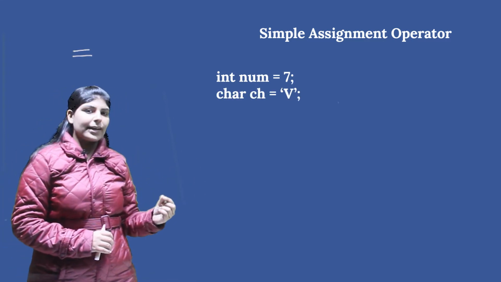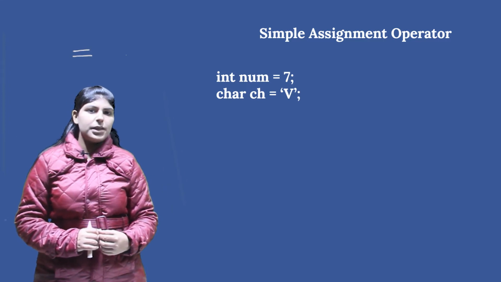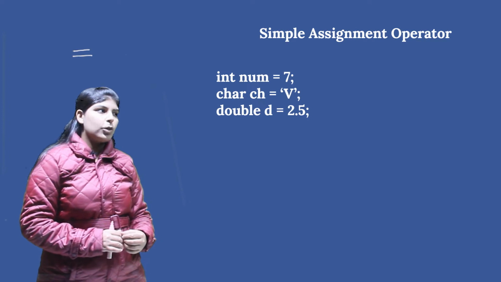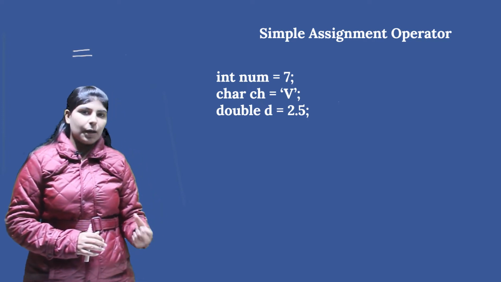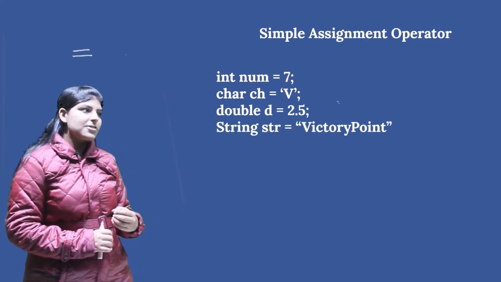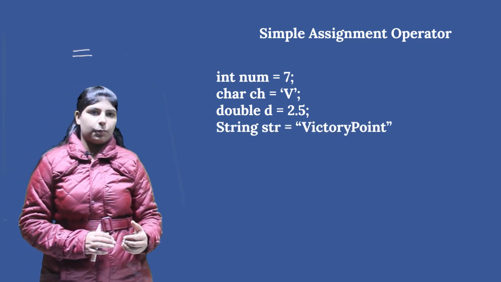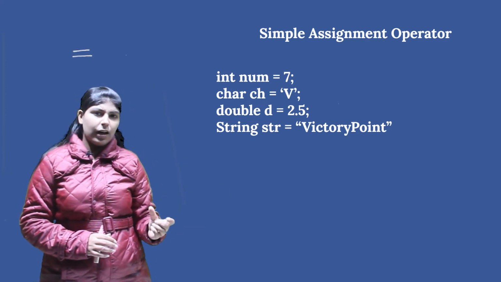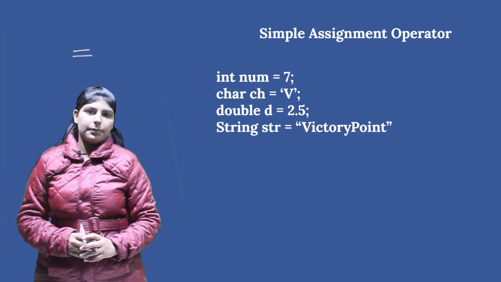So now this v character is stored in the character variable ch. Then I have double variable d, which is given value 2.5. So 2.5 is a double value which is stored in a double variable d. And last I have string str is equals to victory point. So victory point is a string which is stored in a variable str which is of string data type.